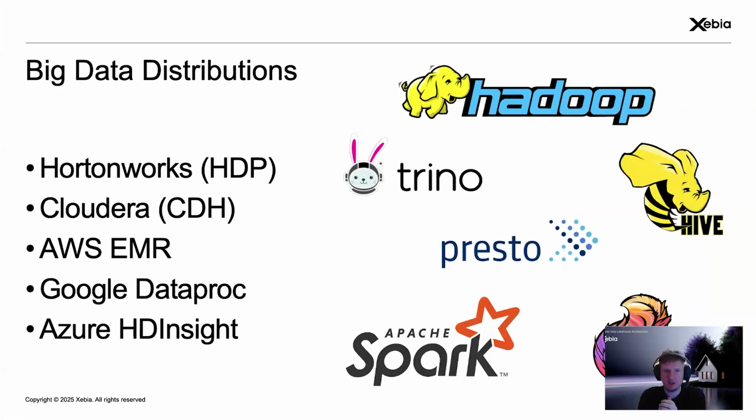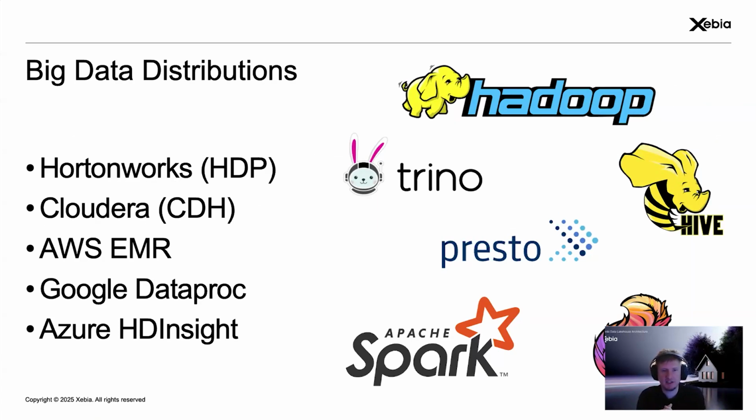At the very beginning of the so-called big data era, the processing of our data was done with the help of something called big data distributions. Originally, we used them in on-premise environments like Hortonworks Data Platform or Cloudera Distribution for Hadoop.